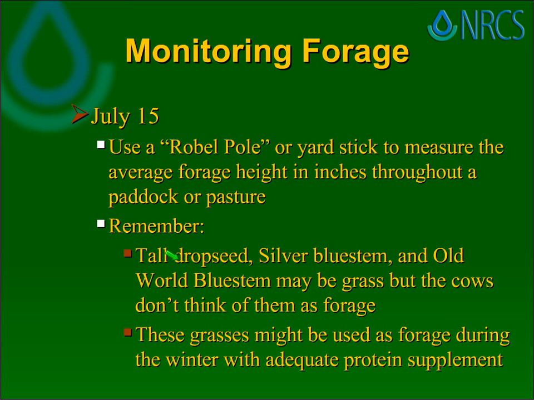These grasses may be very good in the dormant season, or may be used. I wouldn't necessarily go with good. That may be a misnomer. But they could be used in the dormant season with enough supplemental protein that the cows could get by on them, but during the growing season, the cows don't look at those as forage. So there's not any reason to be measuring those.